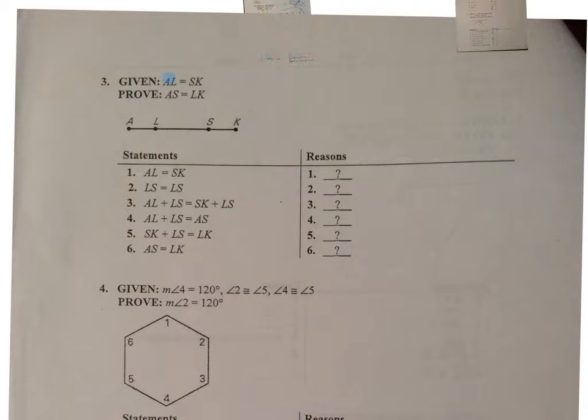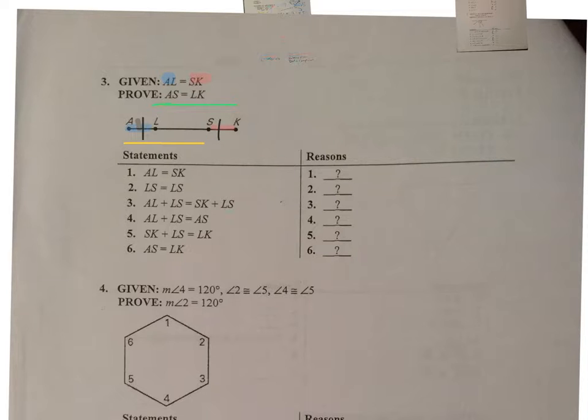AL is equal to SK, okay? I'm being told that those two things are equal, so why don't I go ahead and mark them for myself? AL and SK are equal. I want to prove in the end that this distance, A to S, is the same as this distance from L to K. Well, if I look at that, that makes complete sense.